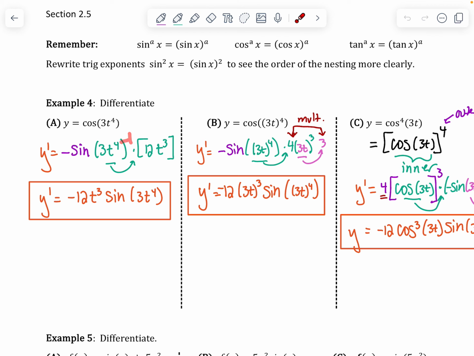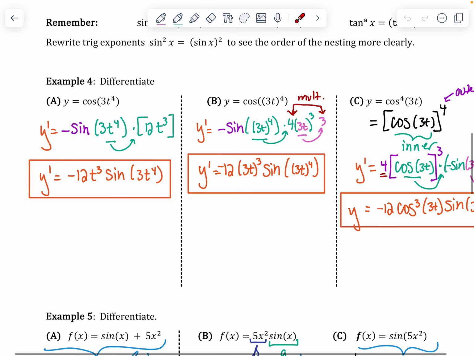I'm going to subtract 1 from the 4 to get a 3. And for clarity's sake, we're going to take the 12t cubed, multiplying it with the negative 1, and writing it out front, where the sine of 3t to the fourth is followed by that.